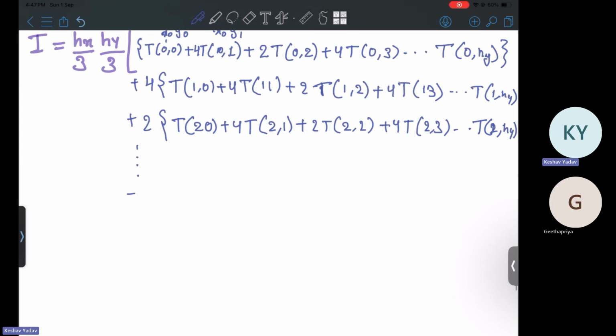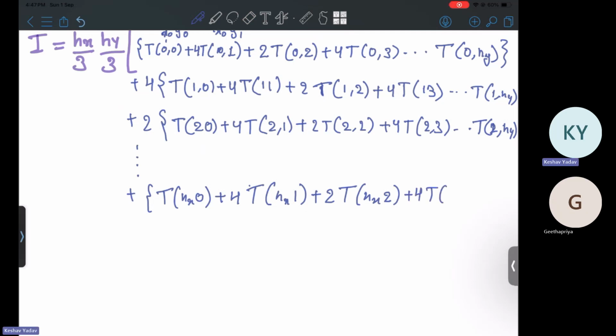Similarly, I write the last term, equal to 1 times t nx,0 plus 4 times t nx,1 plus 2 times t nx,2 plus 4 times t nx,3 plus t nx,ny. Okay, this is what we have.